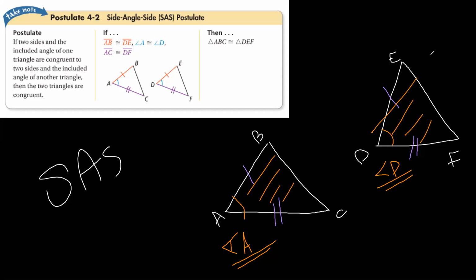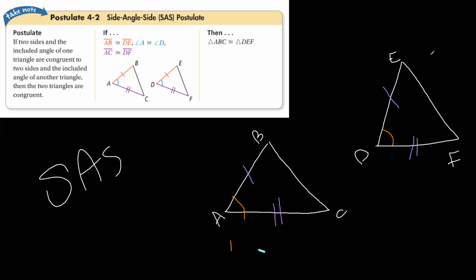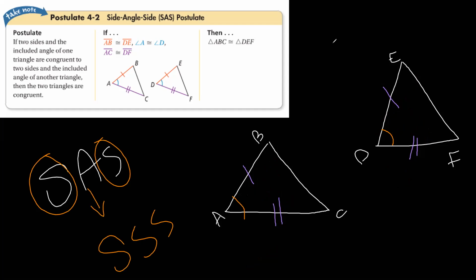So if I use SAS and I have two sides only, I need what? I need an angle that comes between them. If you use the postulate SSS and you prove two sides, what do you need now to say that these two triangles are congruent? I need one more side, the third side.